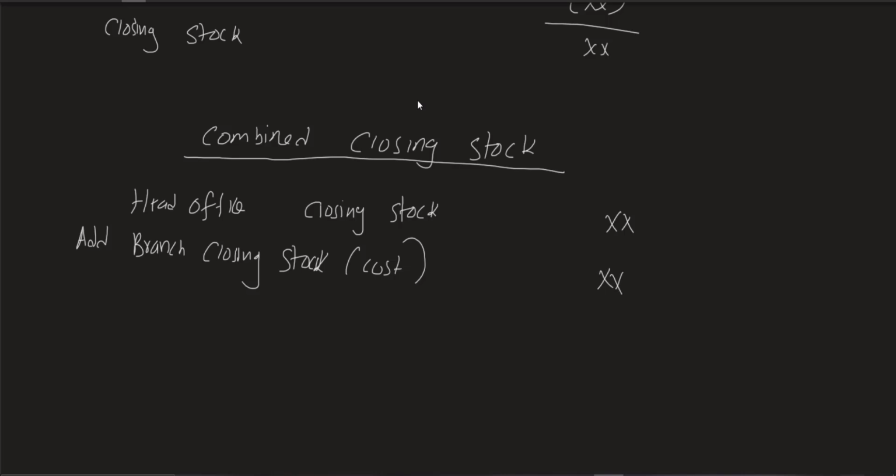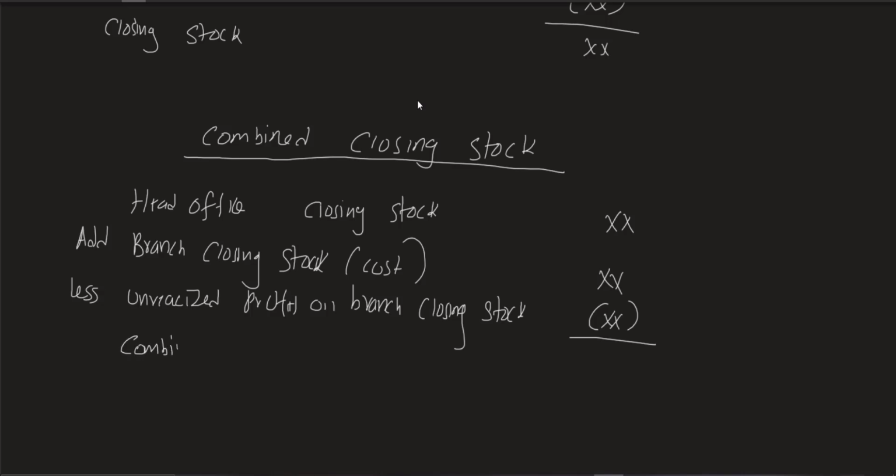And then we less unrealized profit on branch closing stock. Less any unrealized profit on branch closing stock. And from there we'll have the combined closing stock.